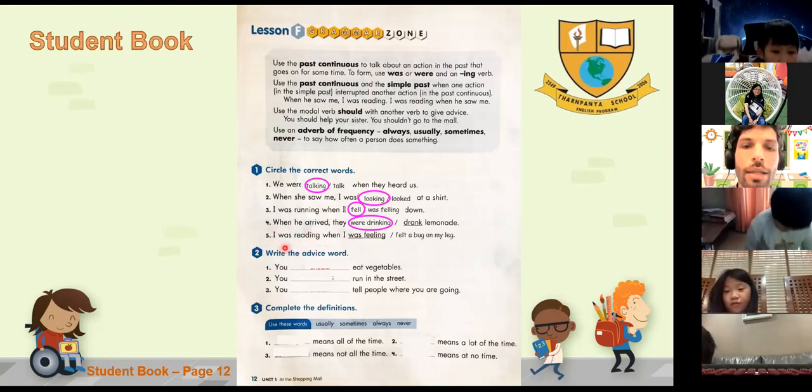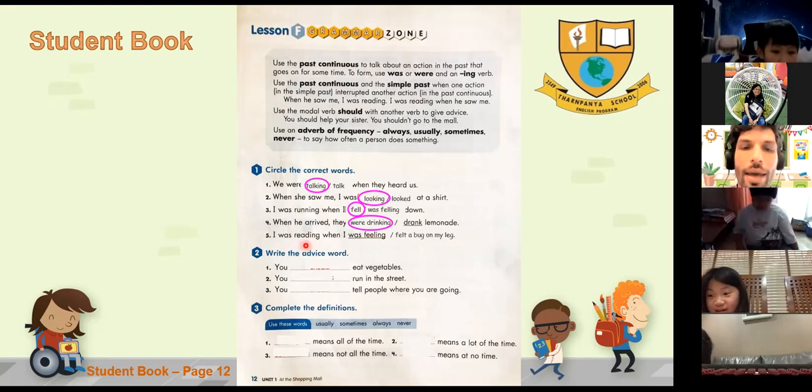Let's take a look at the first part together and then I'll let you tell me which is the right option. The first part: I was reading. So the first part uses the past continuous. We have was plus a verb and ing, so we know this is the past continuous.